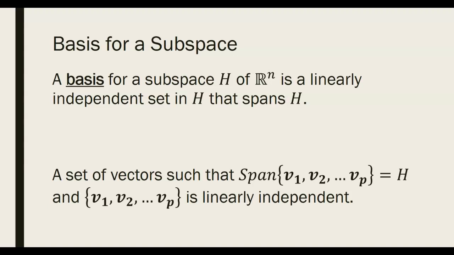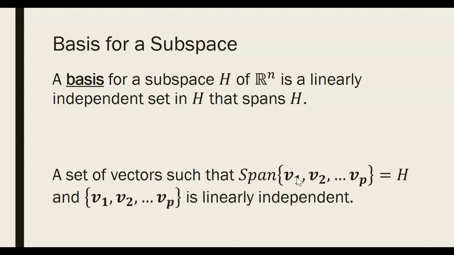Since these subspaces contain infinitely many vectors, we like to think of our subspaces as being the span of a bunch of vectors. Not only do we like our subspaces to be a span of these vectors, but we really want these vectors to be linearly independent.